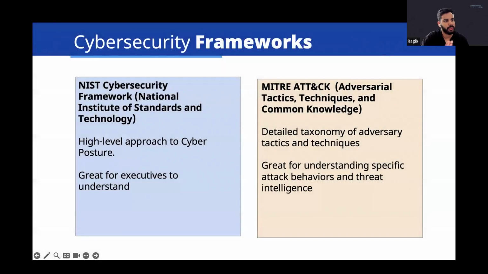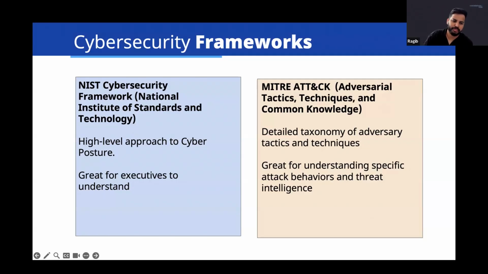Okay, so let's look at some cybersecurity frameworks again. These are just conceptual. This can go very in depth, but we just want to know the concepts of what they are and what they are called, right? One is called NIST, and the other one I think is pronounced MITRE ATT&CK.